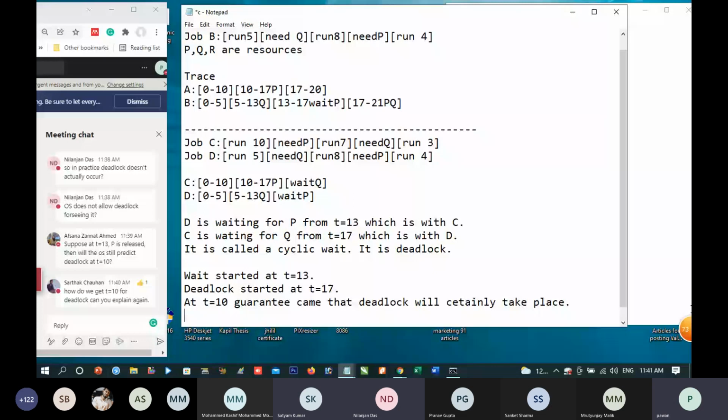Using Banker's algorithm, Sarthak, and the Banker's algorithm will be taught to you. Is it correct? Yes. We shall now further see it. We shall see to it.